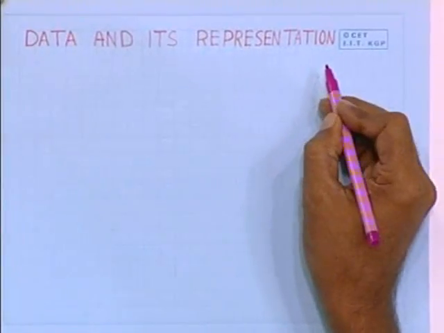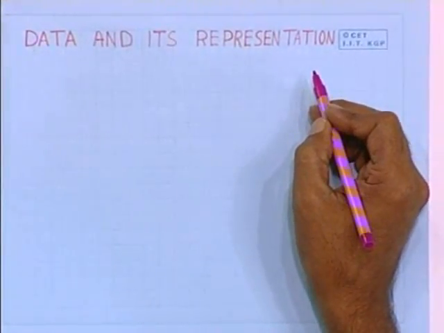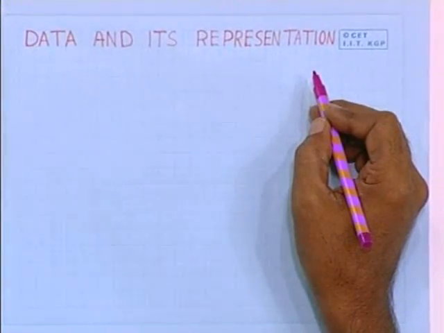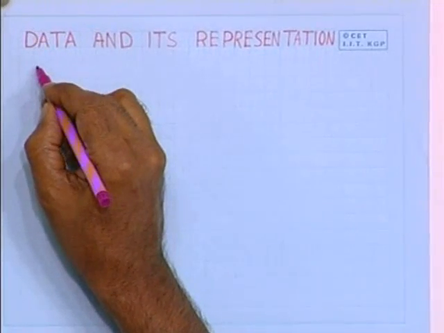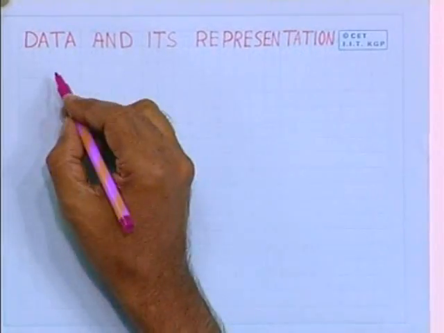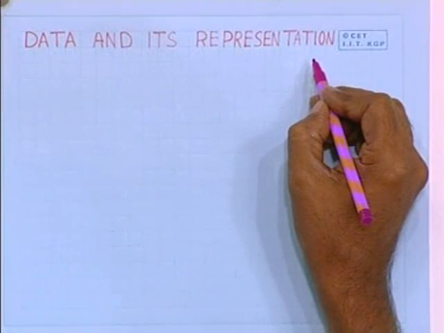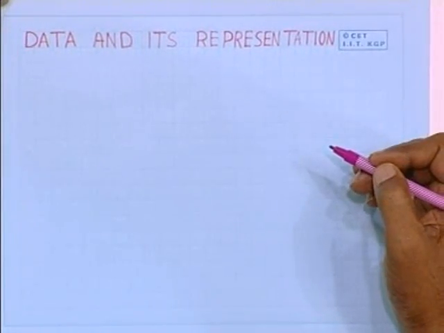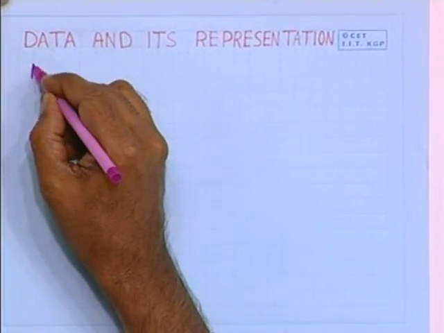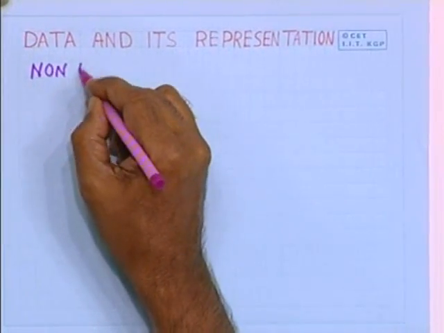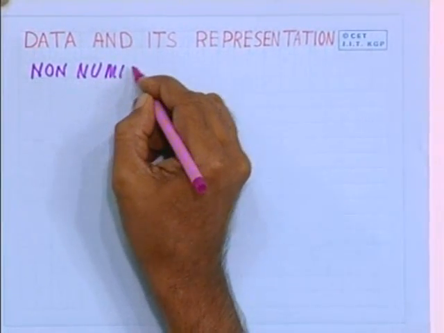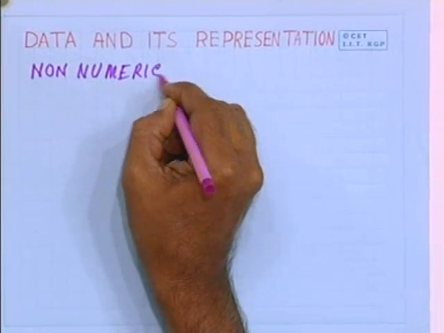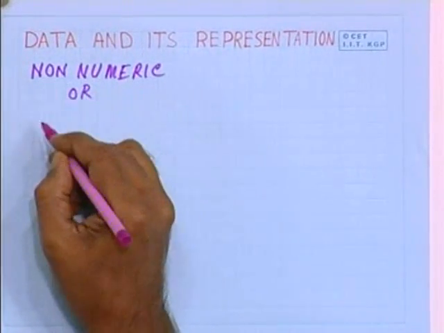So, first let us try to understand the data types and their representation. What are the different types of data a microprocessor can process? As you know, the data that we are familiar with can be of non-numeric or numeric in nature.